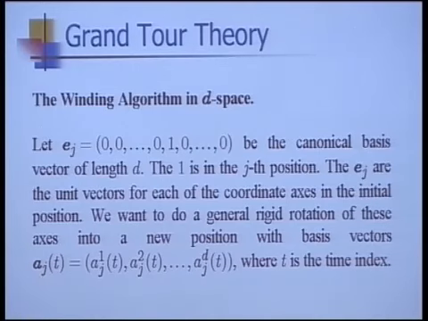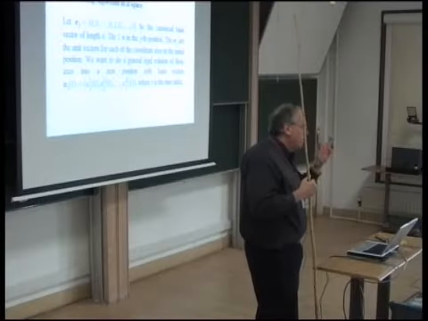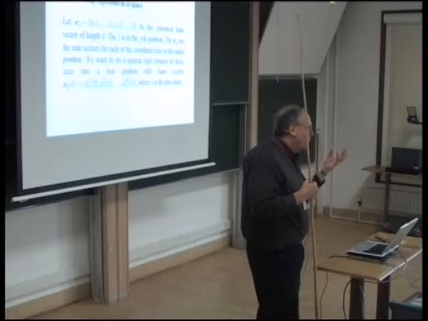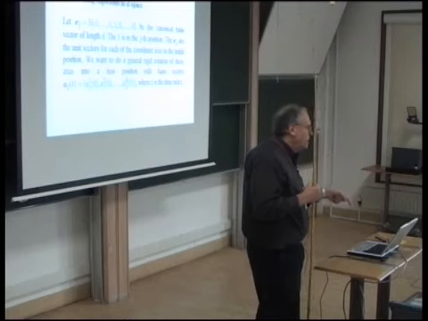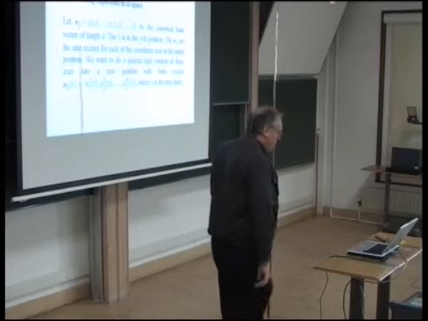As time goes on, we want to rotate this coordinate system. And the idea is that we're going to project the data into the new coordinate system. That's essentially a coordinate transformation, but we visualize that as a geometric transformation, as we illustrated before.